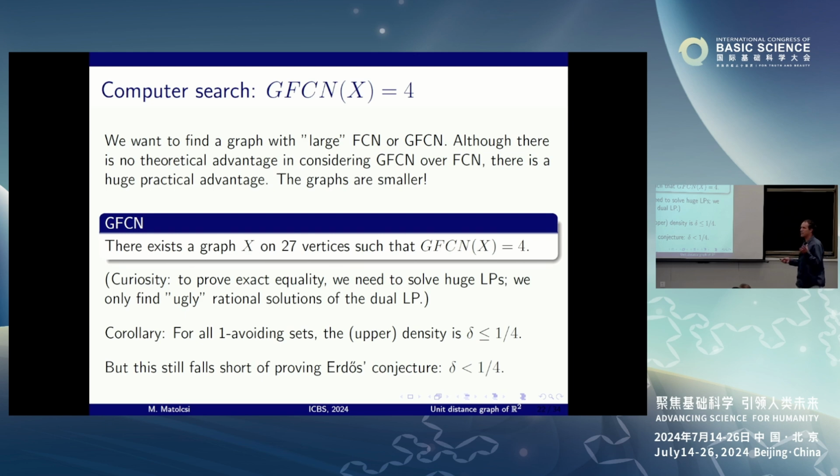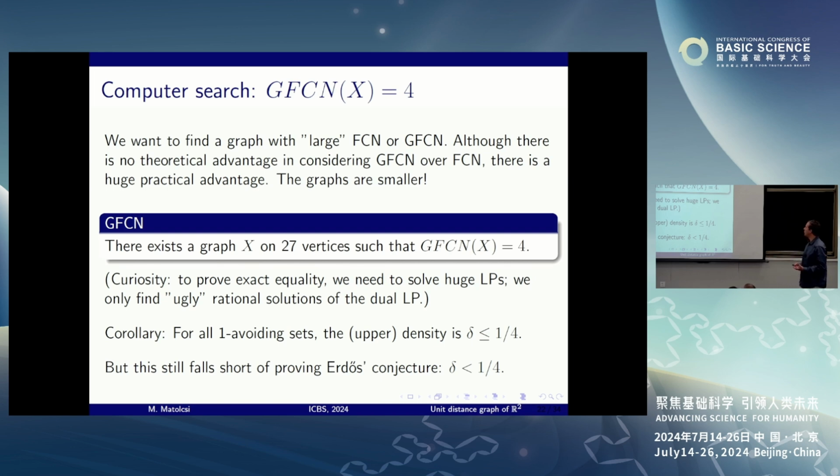And we saw just in the previous slide that there is no theoretical advantage of GFCN over FCN, because in the limit they are equal anyway. But there is a huge practical advantage, namely that you might find some small graph with a large geometric fractional chromatic number, whereas you would need to go to thousands of vertices or even millions of vertices to have a large fractional chromatic number. And that's exactly what happens in practice.